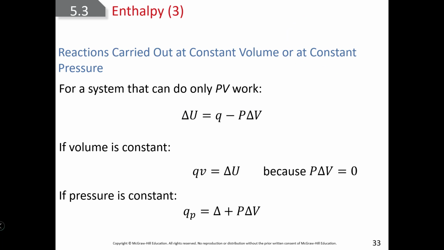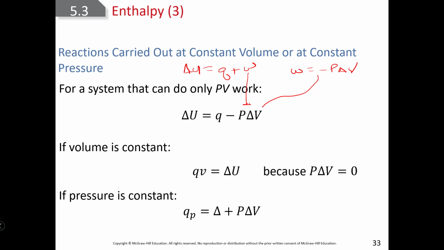All right, so reactions are carried out either at constant volume or at constant pressure. Okay? So what we've done here is we've taken the equation you're asked to memorize, delta U equals heat plus W, and we substituted in for W. W equals negative P delta V, the pressure times the change in volume. So we took this and plugged it in for the work part right there.